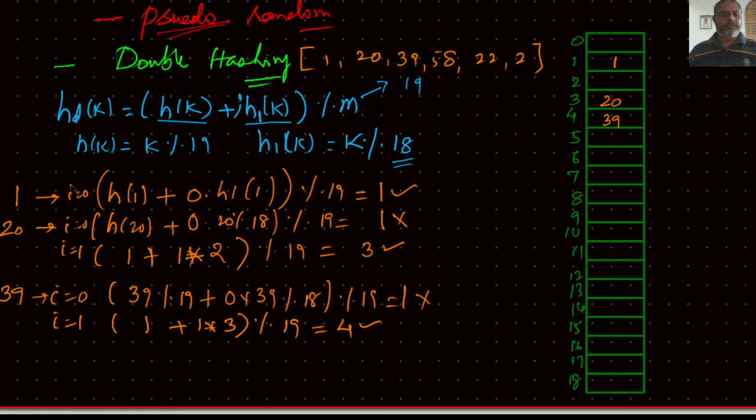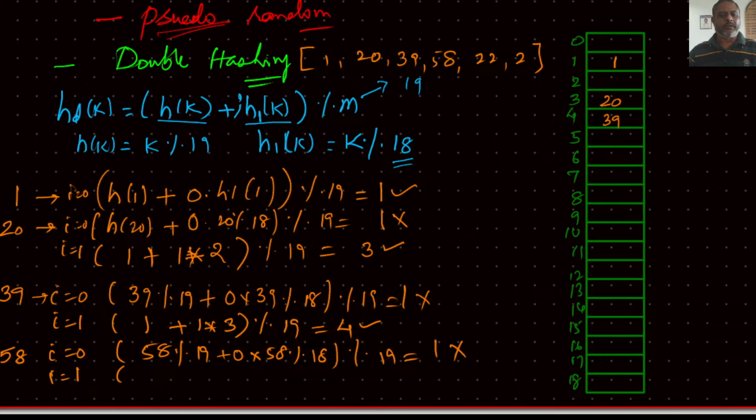Now coming to 58, with i equal to 0, of course. So it is 58 mod 19 plus 0 times 58 mod 18, mod 19. So 58 mod 19 is 1. So 1 not possible. Then going for i equal to 1.